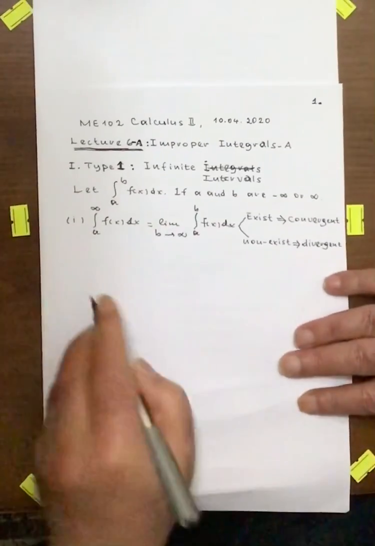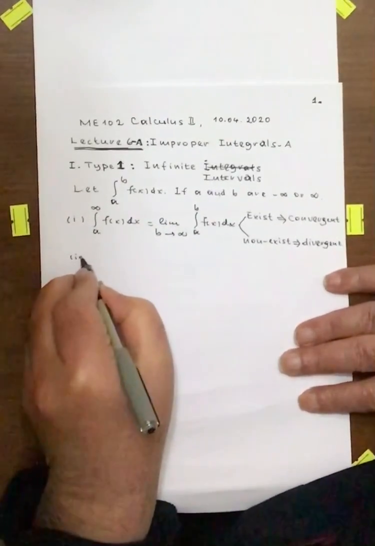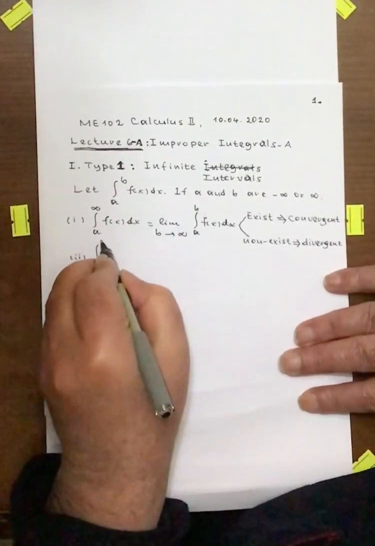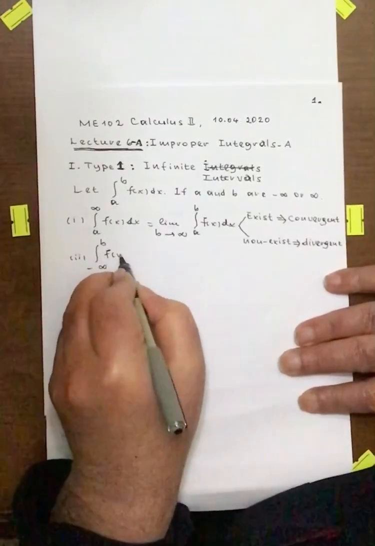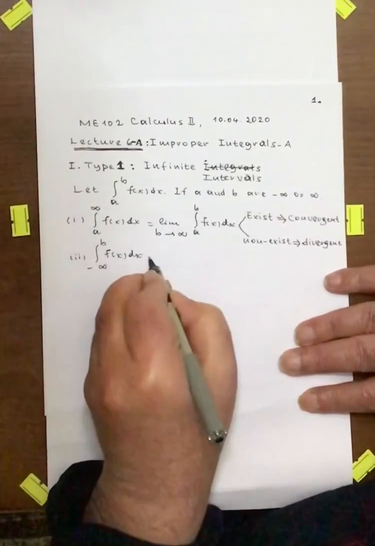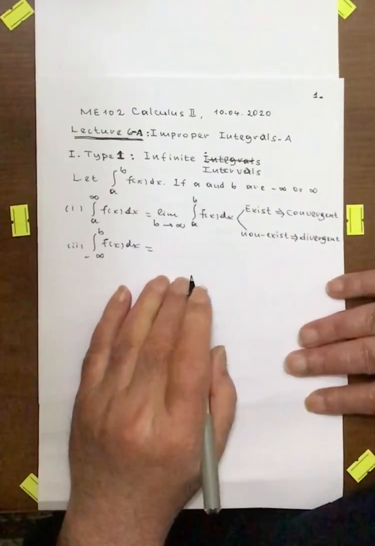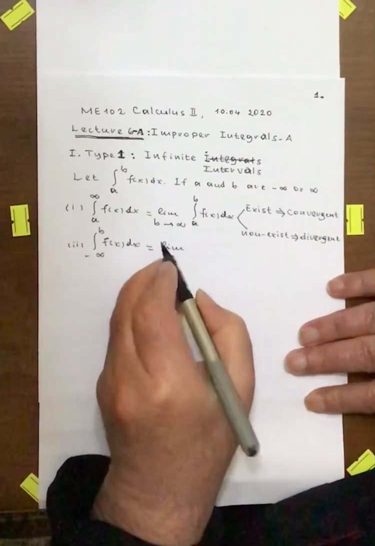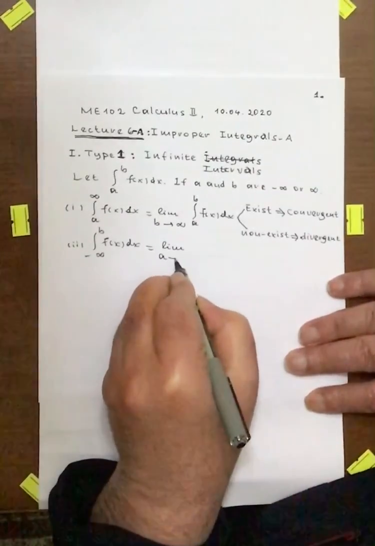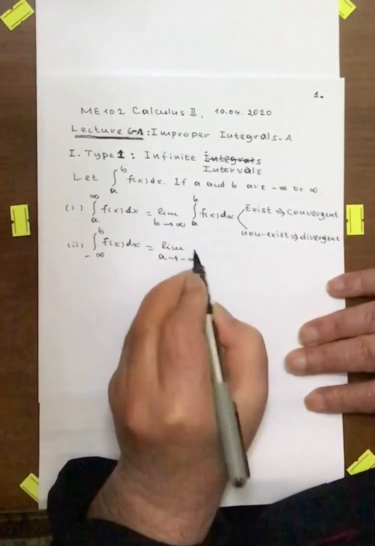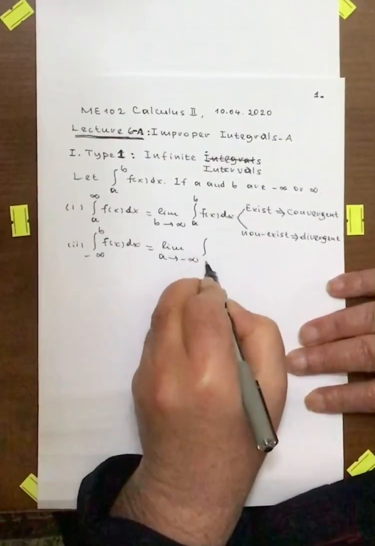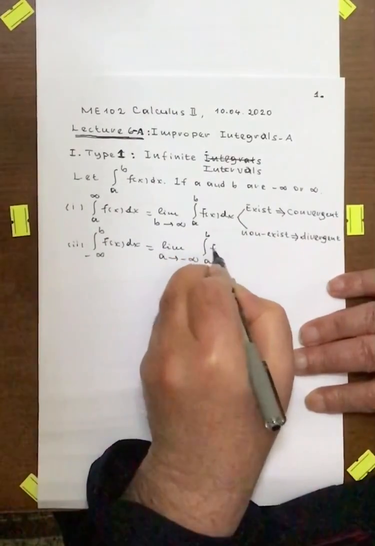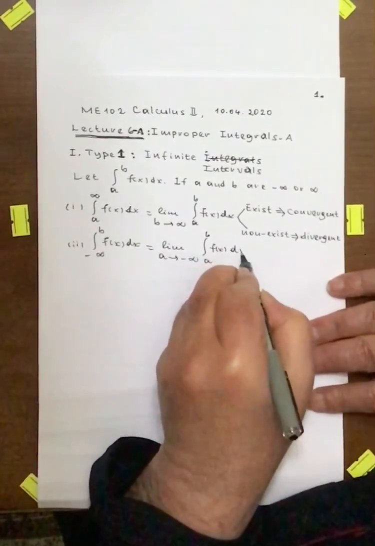Okay, now the second type is from minus infinity to b f of x dx. Okay, we can write this integral as limit a tends to minus infinity integral from a to b f of x dx.